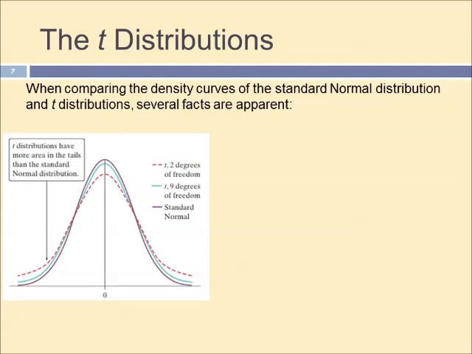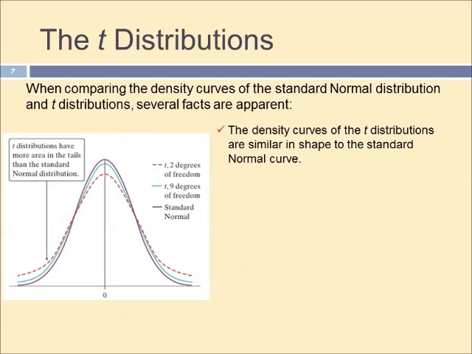In this case, notice that the purple line here is the standard normal curve. The dotted red line shows the t-distribution with 2 degrees of freedom. Notice it's fatter in the tails than the normal distribution. And the light blue curve is the t-distribution for 9 degrees of freedom. Still a little bit fatter in the tails. So that does affect the probabilities.